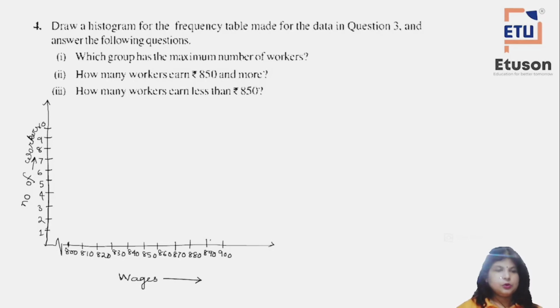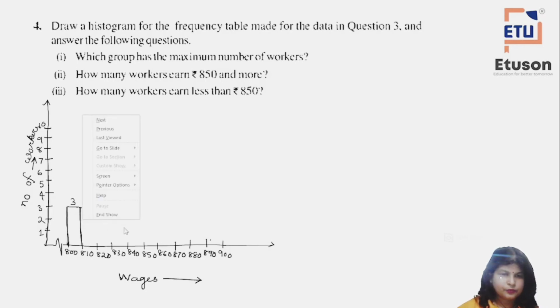Okay, so now 800 to 810, it was 3, right? So somewhere here. So the number of workers is 3. Then 810 to 820, it is 2. Okay, so this is 2. 820 to 830, it is 1.